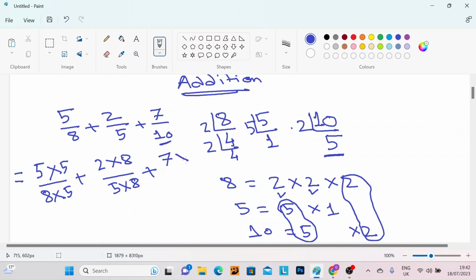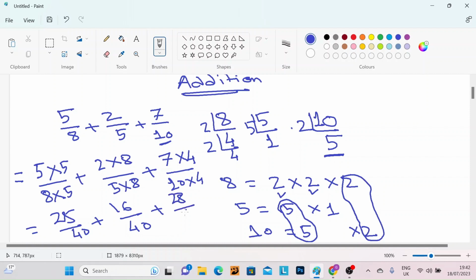So 7 times 4 over 10 times 4. Therefore, we have 25 by 40, 16 by 40, 28 by 40.